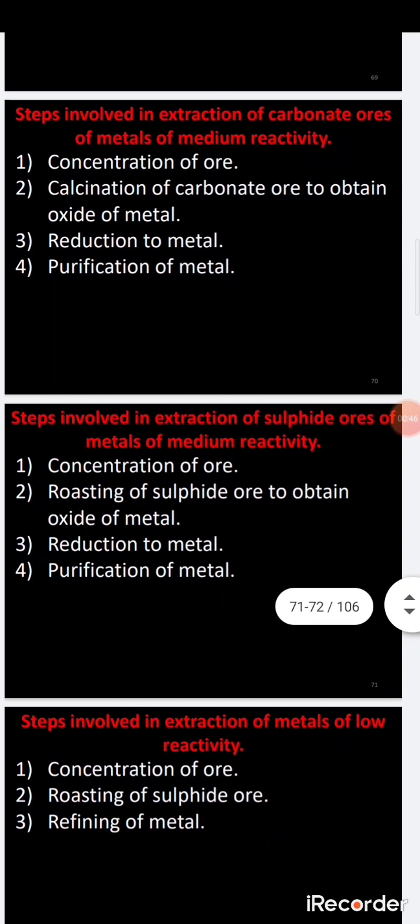So here we'll discuss the two extractions that take place in the middle activity series.